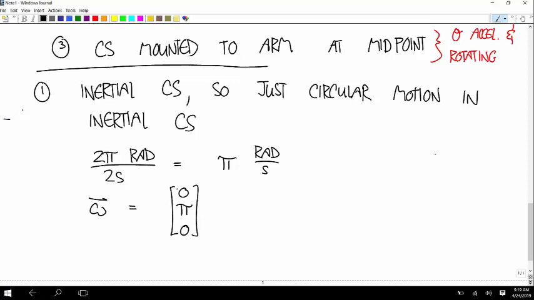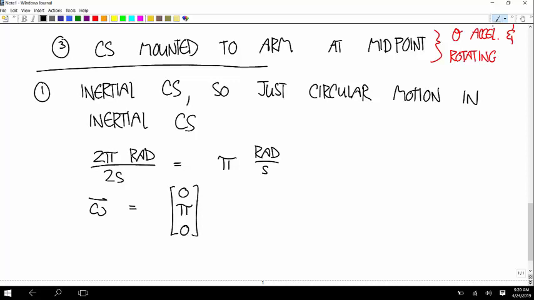Okay, why is this lowercase omega and not capital omega? Lowercase omega always represents bodies, how they're moving in the coordinate system. It's an angular velocity of bodies. A capital omega is an angular velocity of a coordinate system.